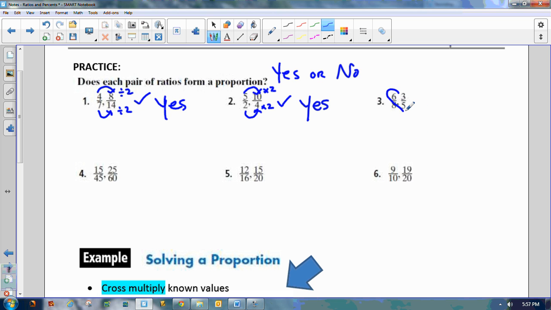I'm going to cross multiply. 5 times 6 is 30. And cross multiply here, 8 and 3 is 24. 30 and 24 do not equal. So no, these don't check out. This is a no. These two ratios are not proportional. At this time, you can pause the video and take a few minutes to solve practice problems 4, 5, and 6.